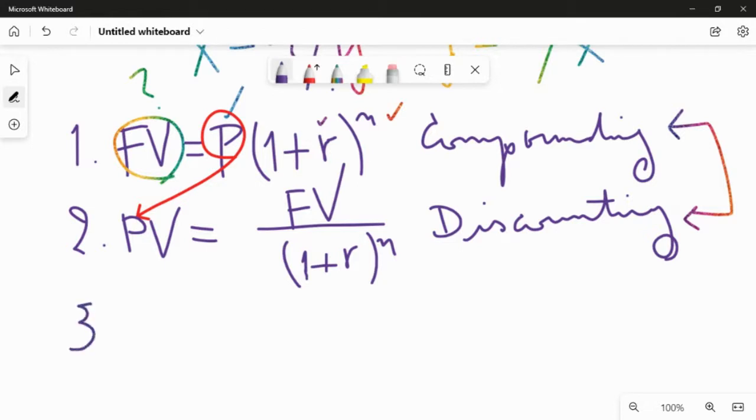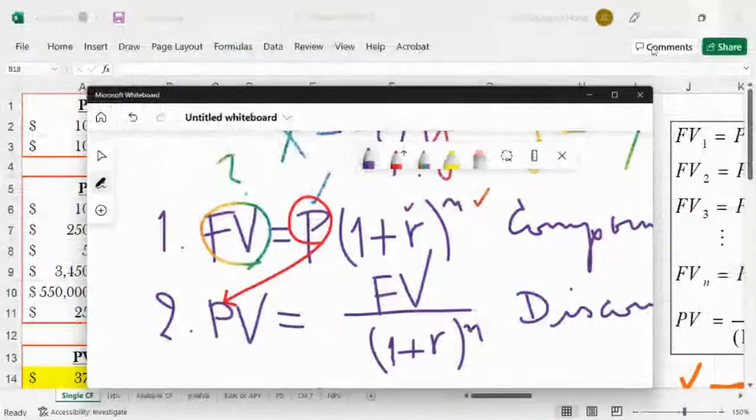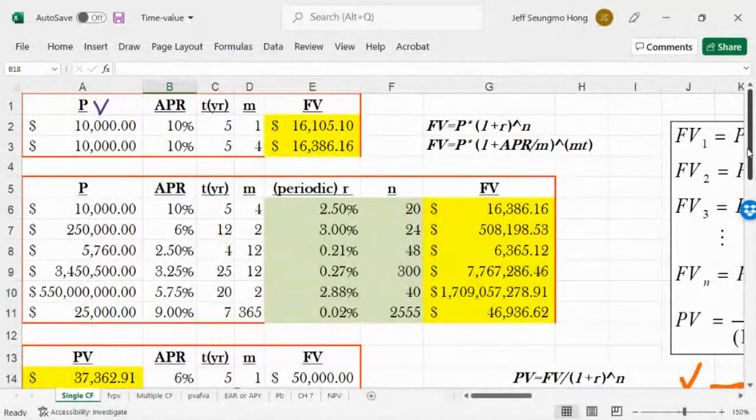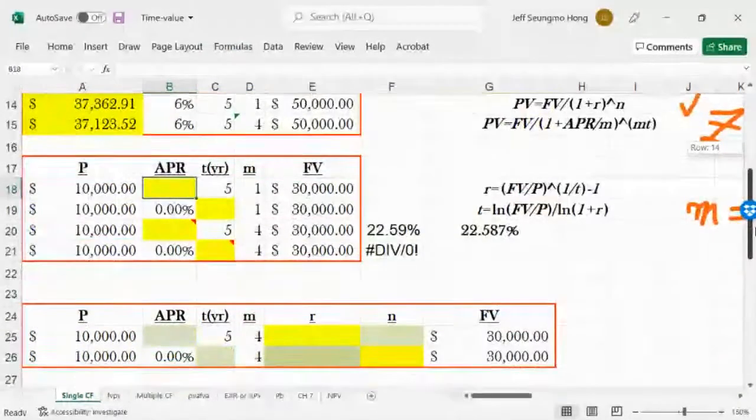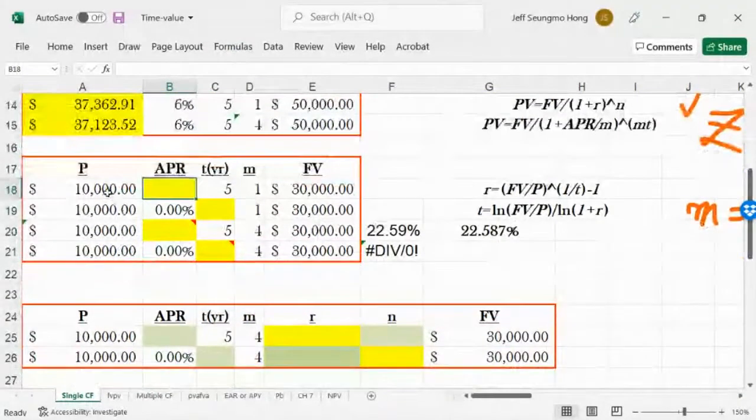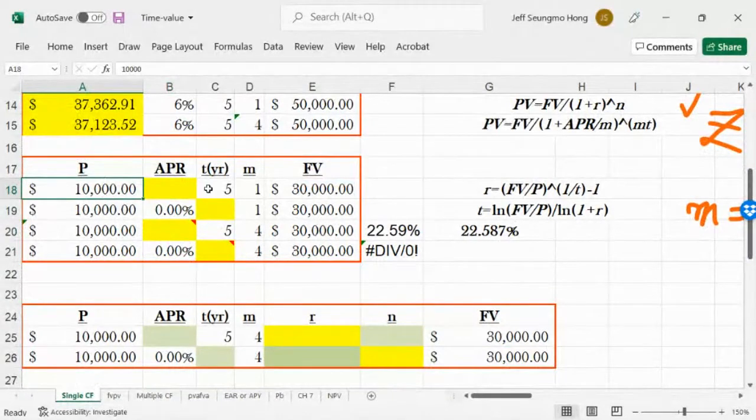Now, the third unknown that can arise from this is R, and that's quite plausible. For example, you have $10,000 today and you put it in a bank for 5 years.